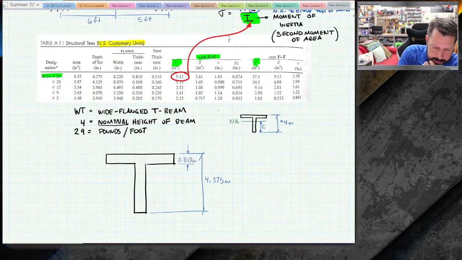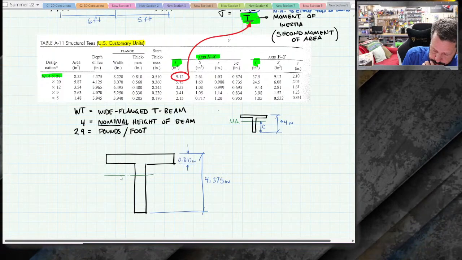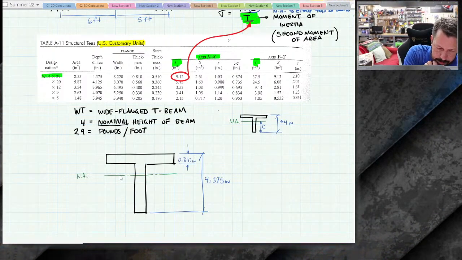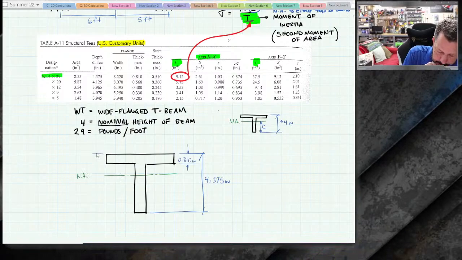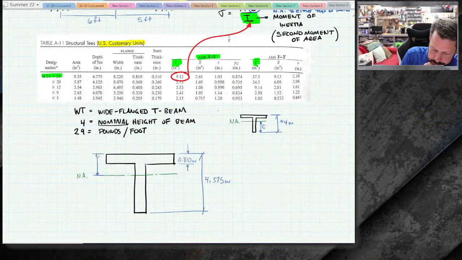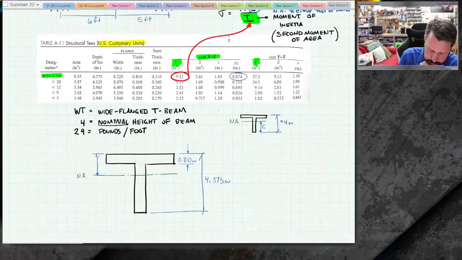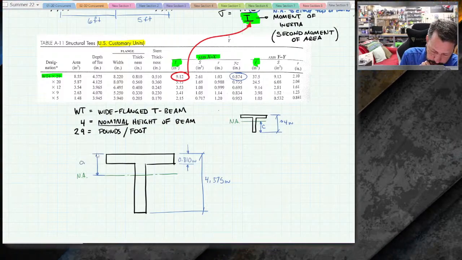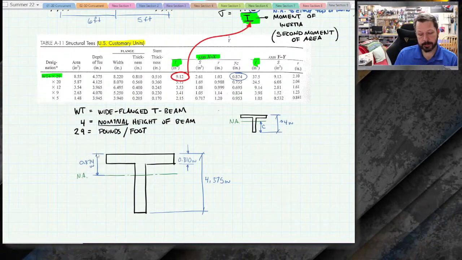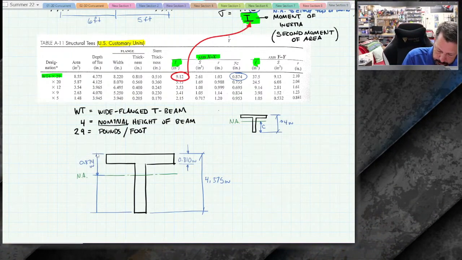The neutral axis is y sub c from the top, which is 0.874, this number right here. So I have to do some math to figure out what this distance is.